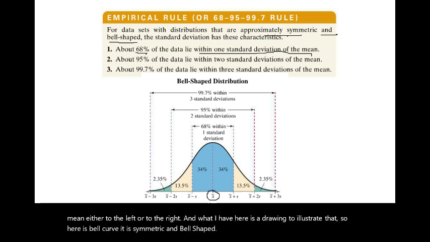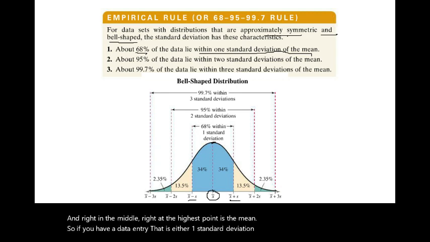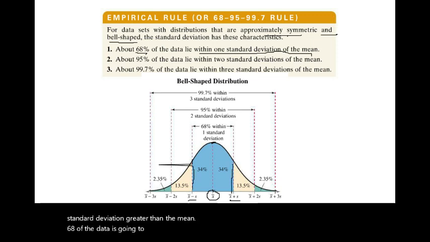And right in the middle, right at the highest point, is the mean. So if you have a data entry that is either one standard deviation less than the mean or one standard deviation greater than the mean, 68% of the data is going to fall within one standard deviation of the mean.